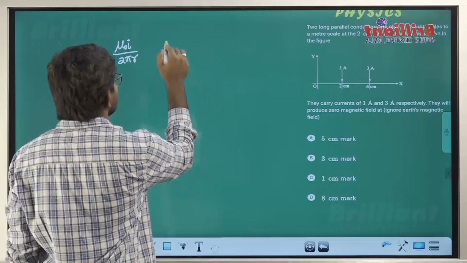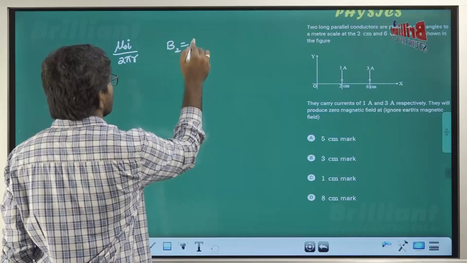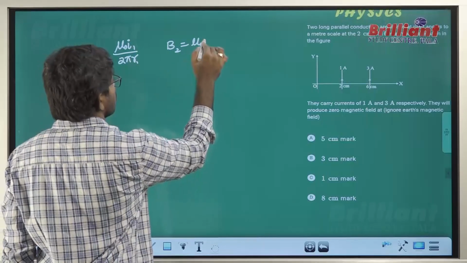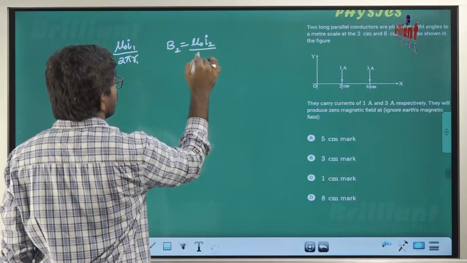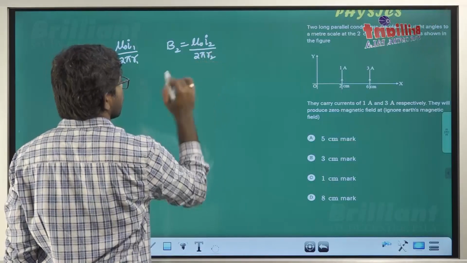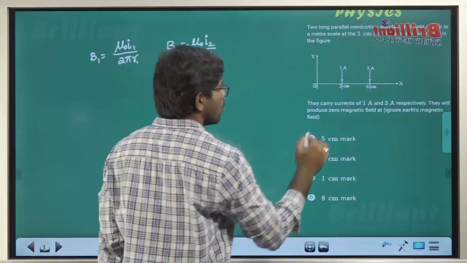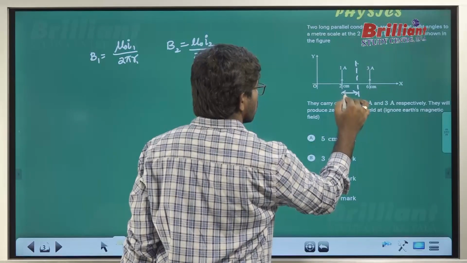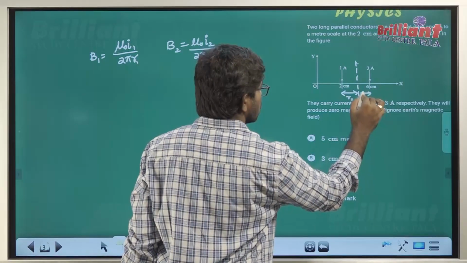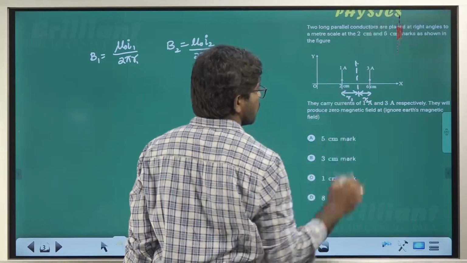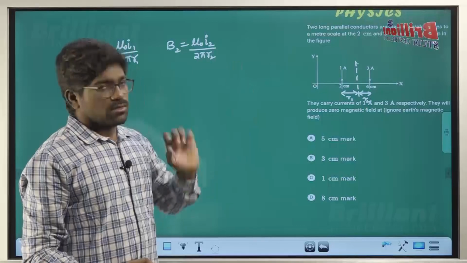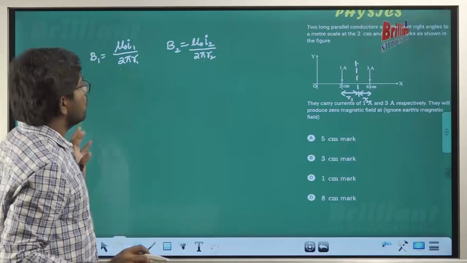And due to the second one, mu naught I2 by 2 pi R2. Somewhere, we don't know. This is R1, this is R2. We don't know where exactly. Both fields should be equal and opposite, right?